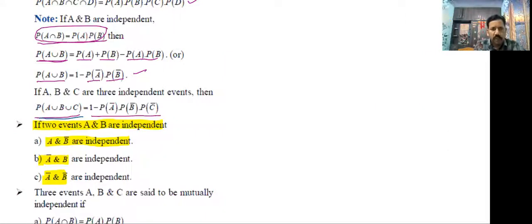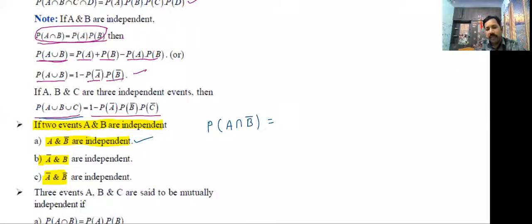Suppose you want proof, I will explain only one. See here, A and B complement are independent. I am going to prove that. P of A intersection B complement. How to write, students?